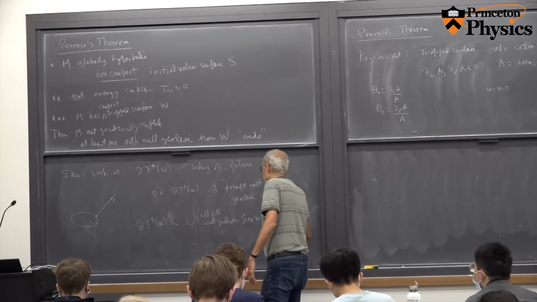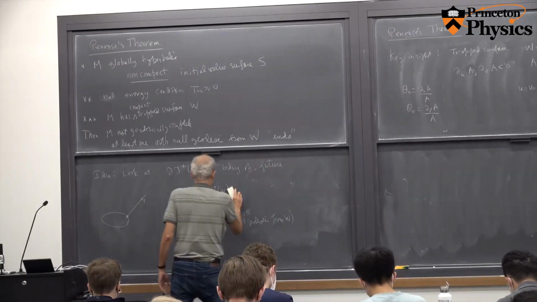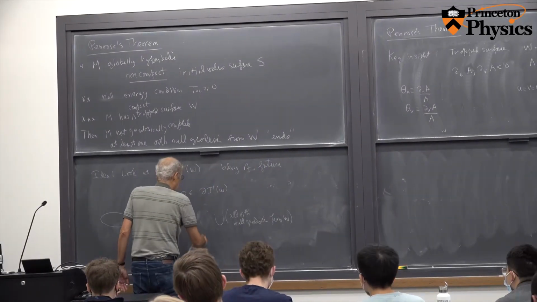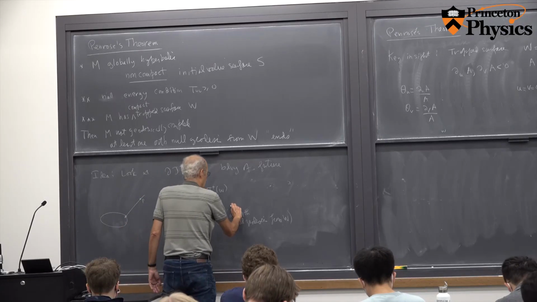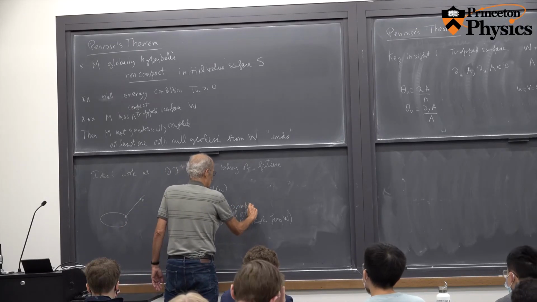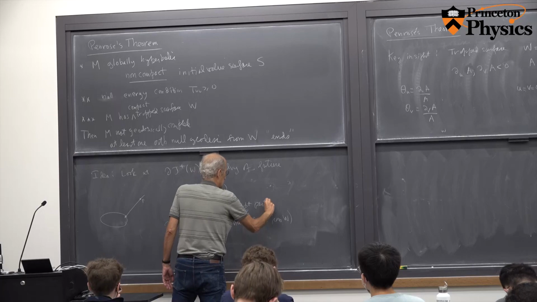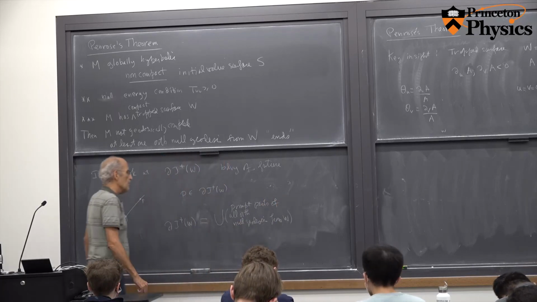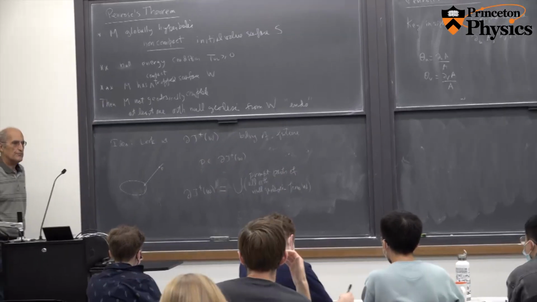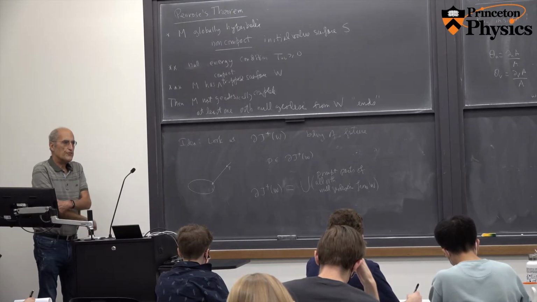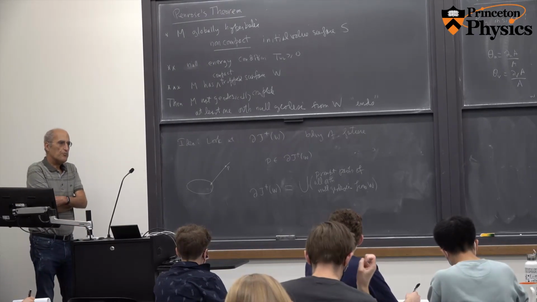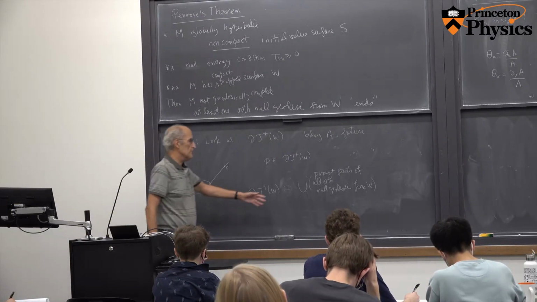So we could do better if we say that, actually, the boundary of the future is equal to the union of the prompt parts of all orthogonal null geodesics from W. Because each point in the boundary of the future can be reached by a prompt curve, which is one of these orthogonal null geodesics.